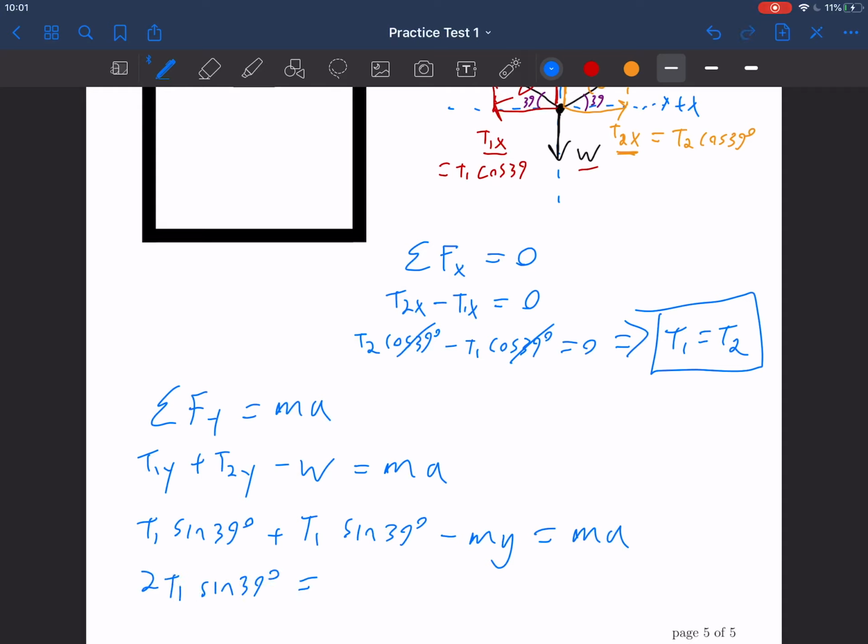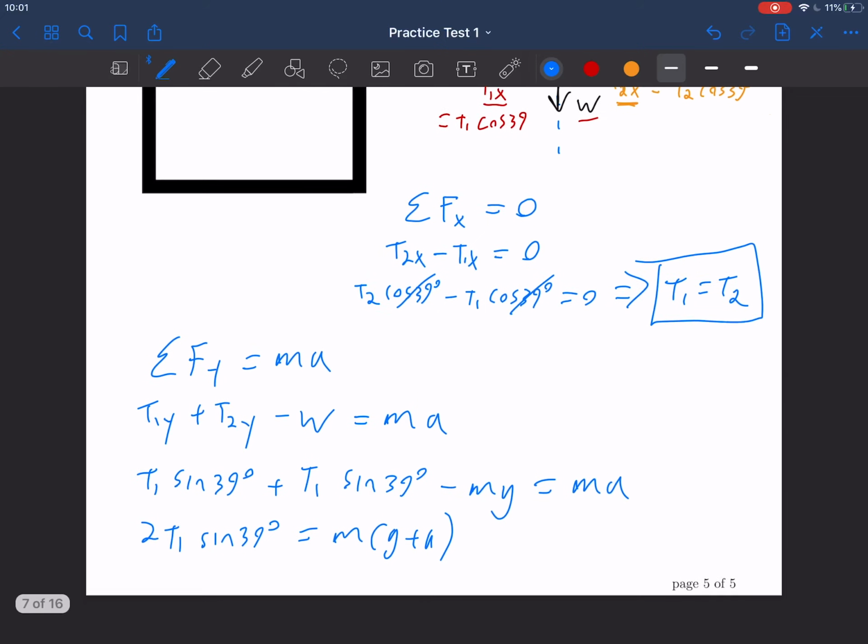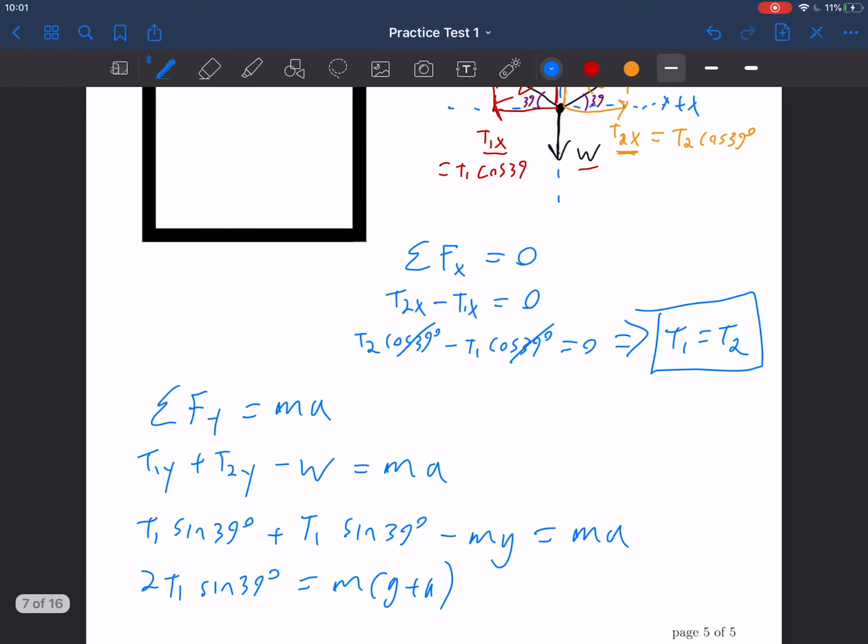And I'll just move over the mg to the other side, m times g plus a. And so finally, I can solve for one of my unknowns, which is the tension in cable 1. Right, this tells me that T1 is equal to m times g plus a all over 2 times sine of 39 degrees. Okay, and we know g is 9.81 meters per second squared.